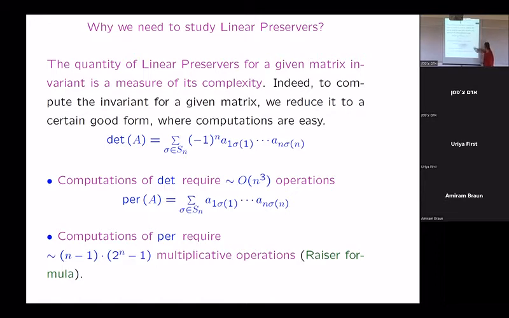To understand why it is so, of course, by definition, you need a factorial number of operations, but the Ryser formula tells you that actually you should use an exponential number of operations. And the Ryser formula is something very easy. You could consider row sums of your matrix, and you could multiply all these row sums.